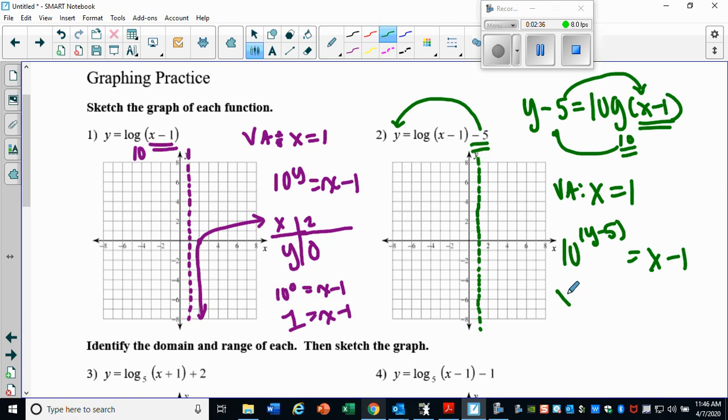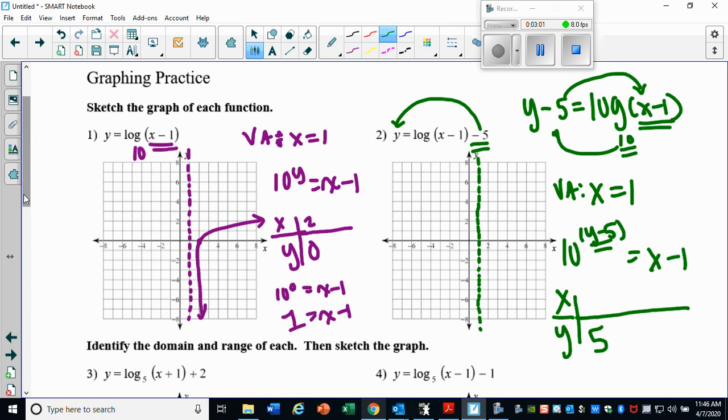When we make our table here, I always just start out by plugging in y equals 0, but in this case, that's going to be kind of ugly because of 0 minus 5. Let's make this a nice, pretty exponent. What value of y will make that work? Let's say 5, because if I plug in y equals 5, then that's going to give me an exponent of 0.